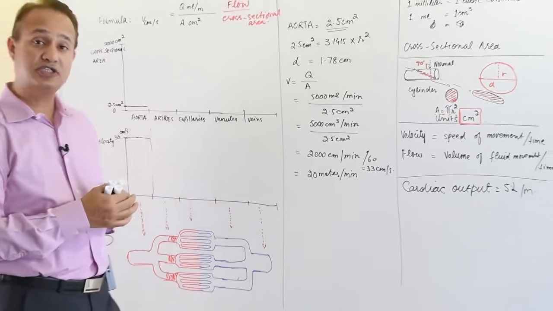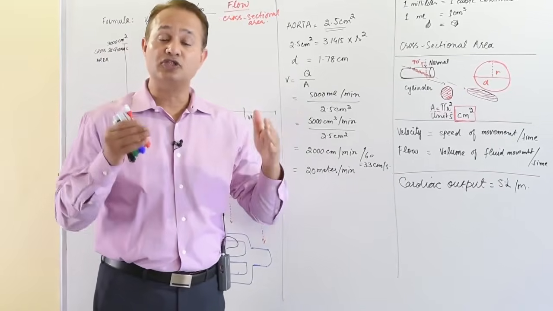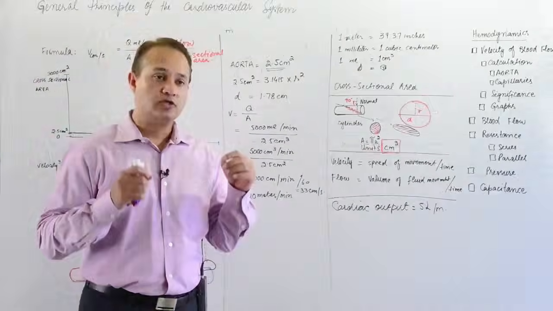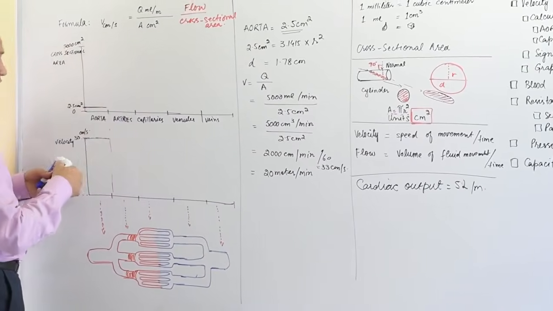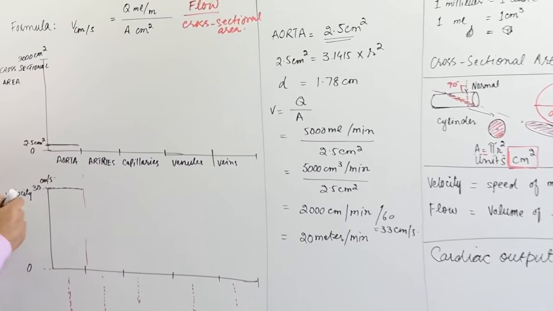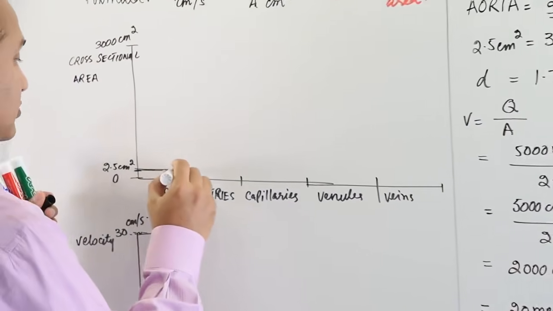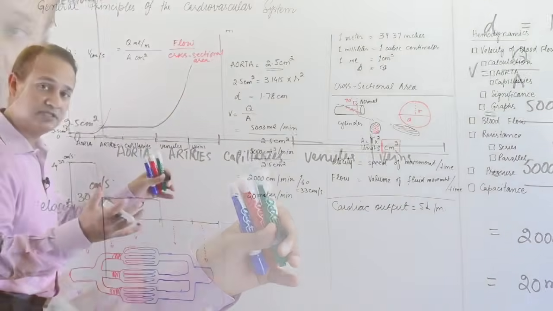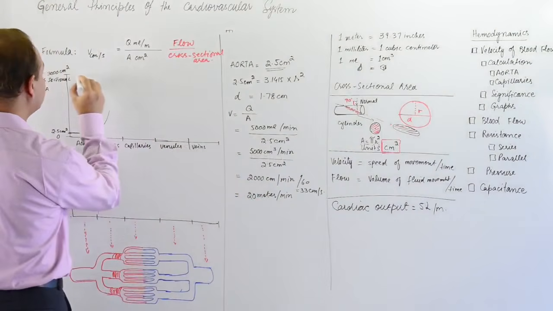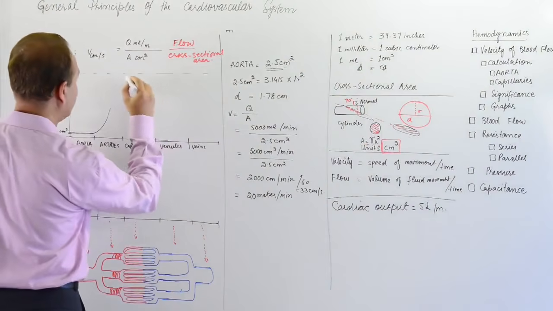What is interesting is the capillaries. The capillaries' cross-sectional area is about 0.6 meters squared, or about 3000 centimeters square. So if you look at the cross-sectional areas, these areas start increasing because the sum of the cross-sectional areas of the blood vessels will be very large, and capillaries have the highest.